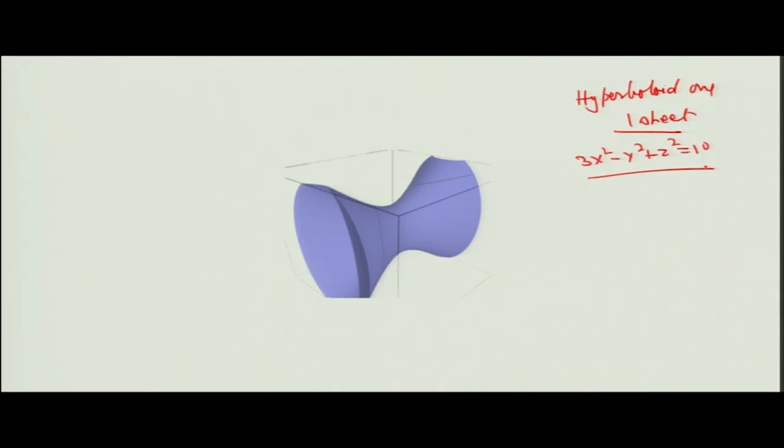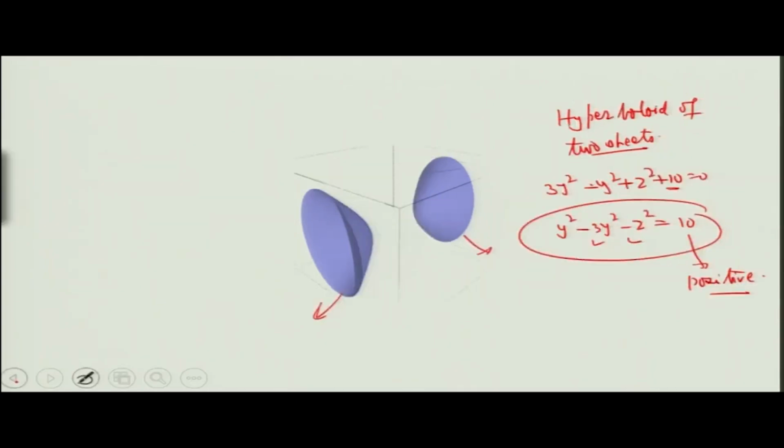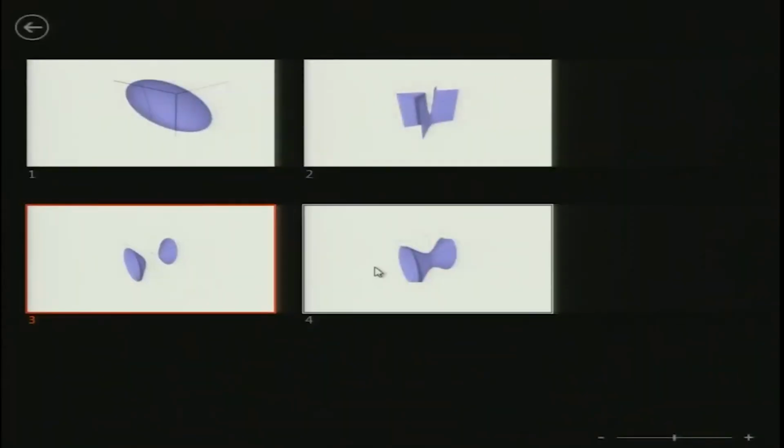So, this is again I have taken as positive, and there is only one negative. Only one negative implies one sheet. In the previous one, if you see, I had two negatives here, and therefore there were two sheets. So, they get related with these ideas that you have.